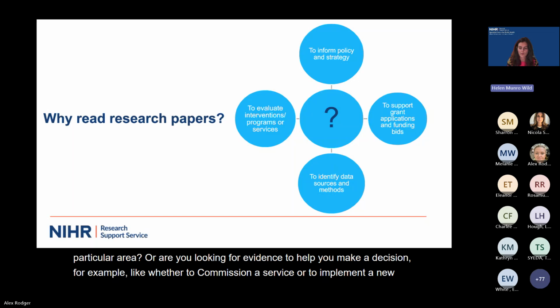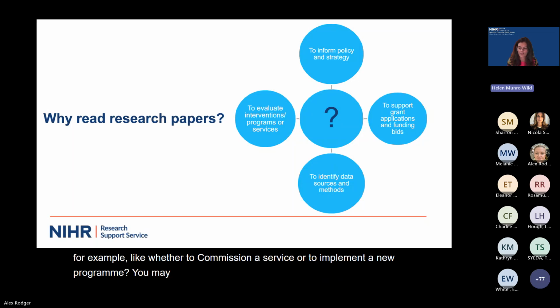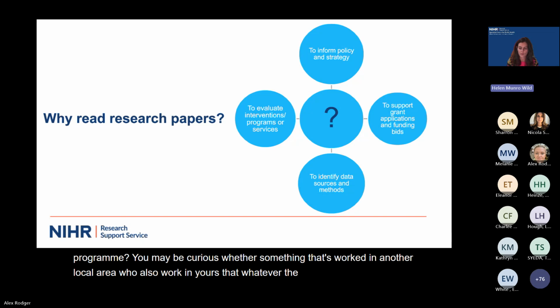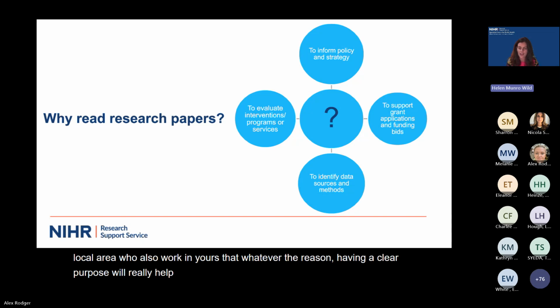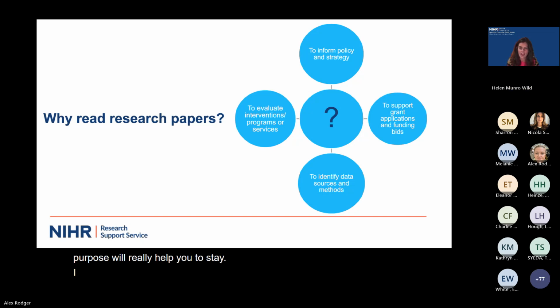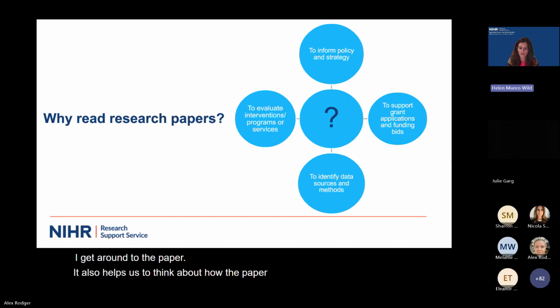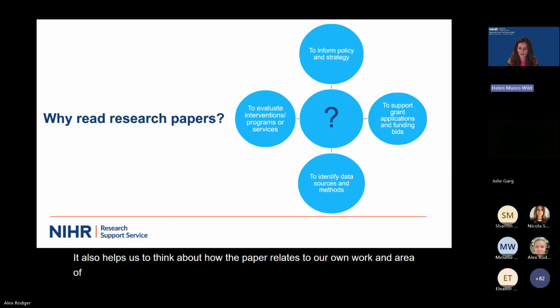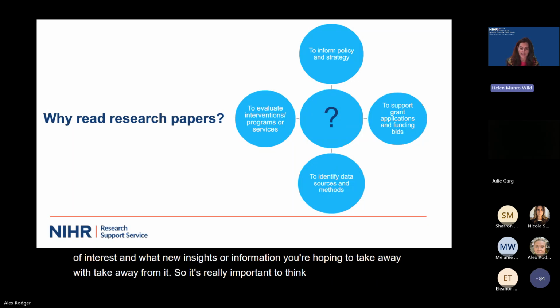You may be curious whether something that's worked in another local area could also work in yours, but whatever the reason, having a clear purpose will really help you to stay focused and get more out of the paper. It also helps us to think about how the paper relates to our own work and area of interest, and what new insights or information you're hoping to take away from it. So it's really important to think about some of these things before you start reading.